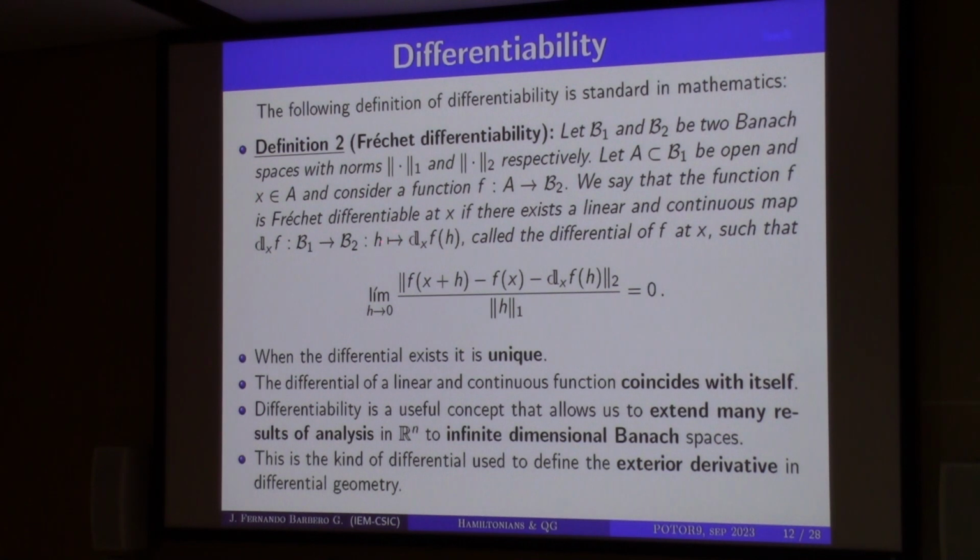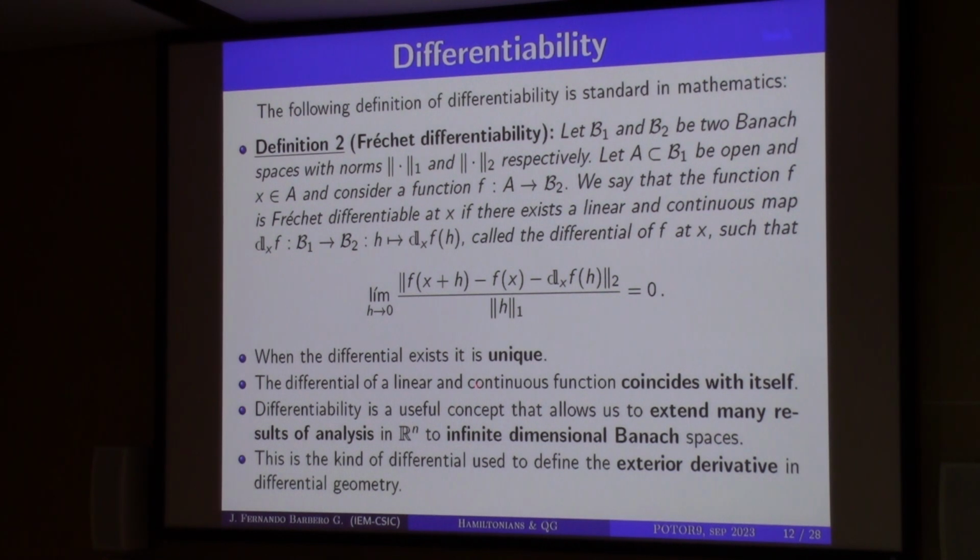Of course, a differential is a linear and continuous approximation to a function that satisfies this condition here. It's easy to prove when you work with finite spaces that this is unique. It's trivial to show that if you compute the differential of a linear and continuous function, it coincides with itself, as happens with the identity, for example.